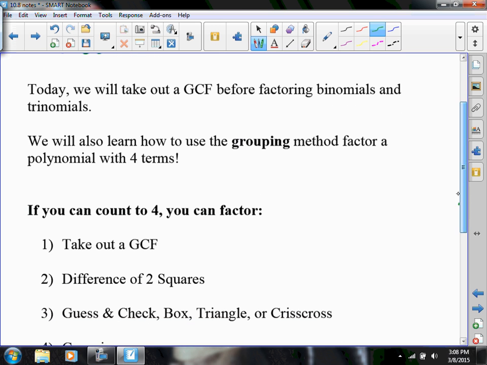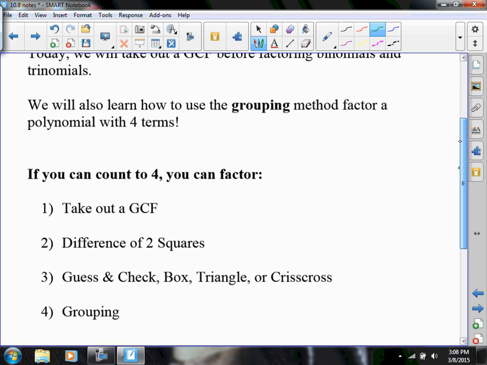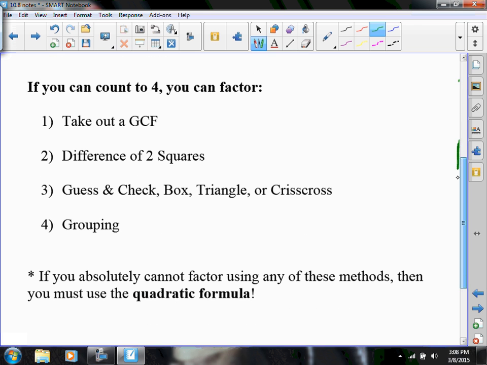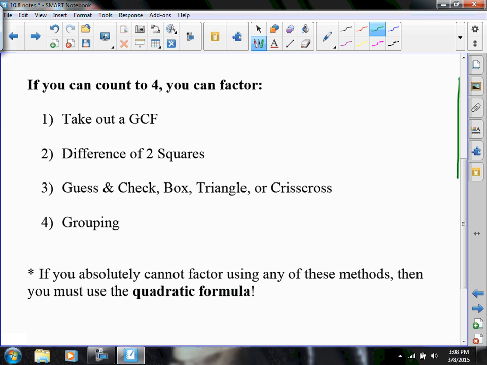So after we take out our GCF, then we basically want to count the terms to see what type of factoring we do. So our first step is always to take out the GCF. Our second step is if there are 2 terms, it's going to be a difference of 2 squares.